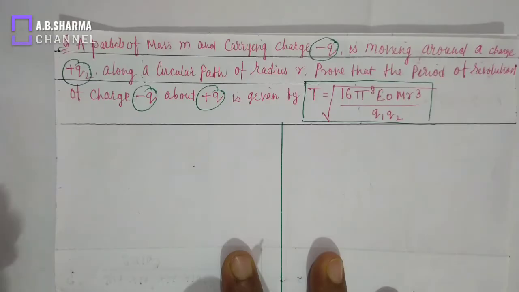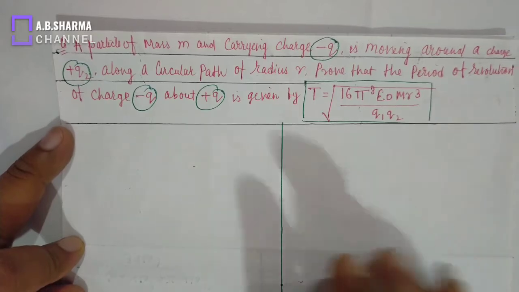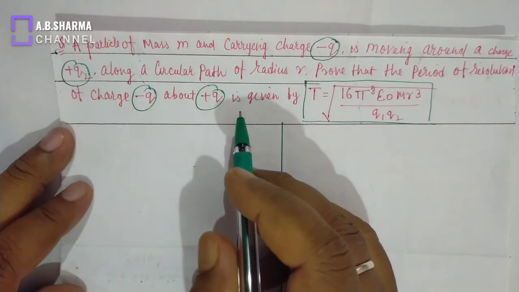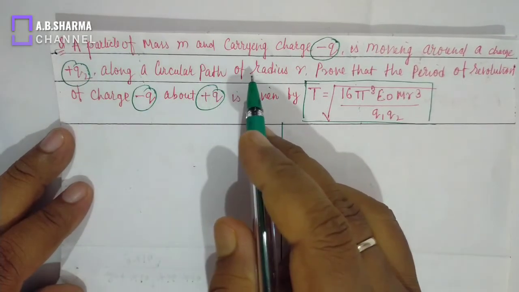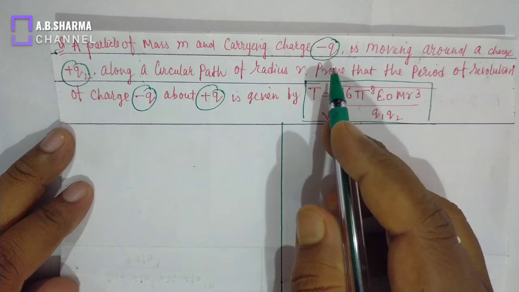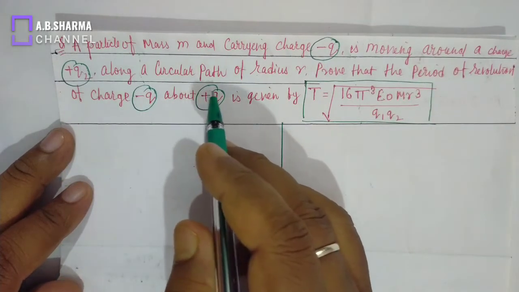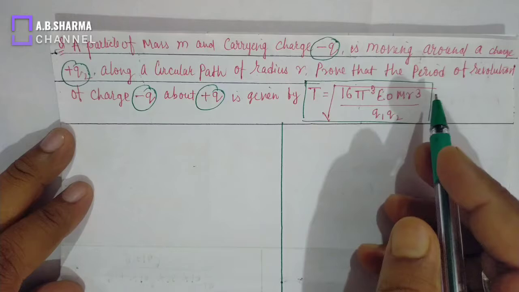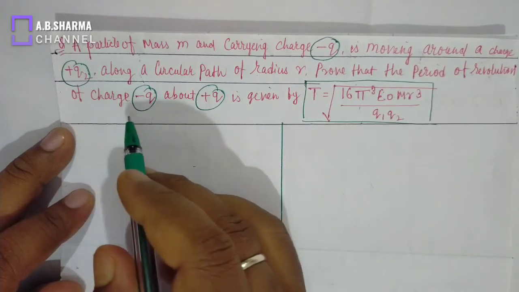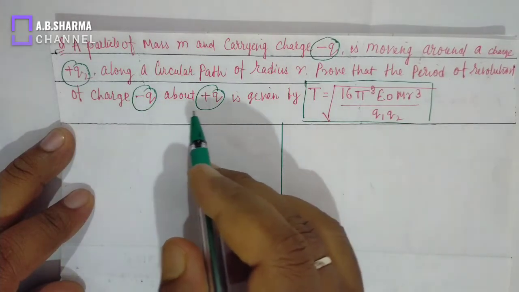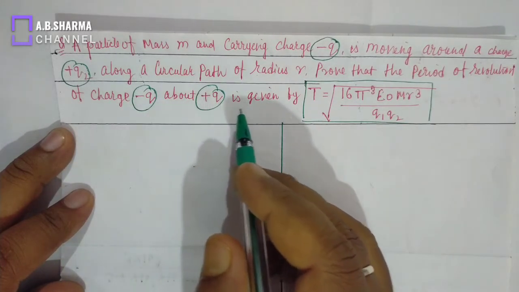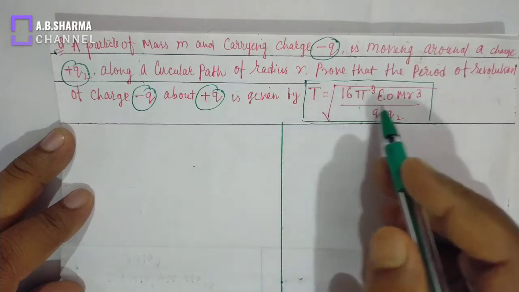The next question is that a particle of mass m and carrying a charge minus q is moving around a charge plus q along a circular path of radius r. Prove that the period of revolution of charge minus q about plus q is given by T equals this much.